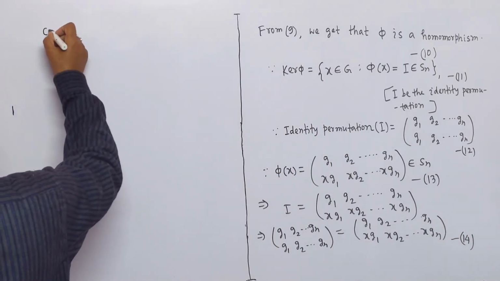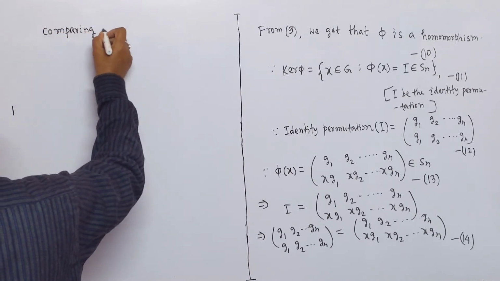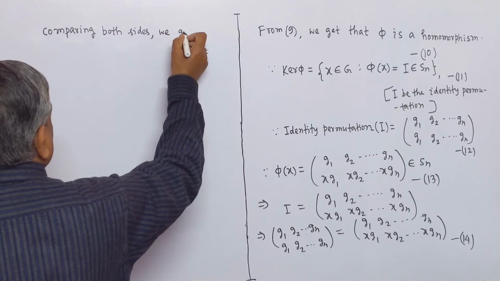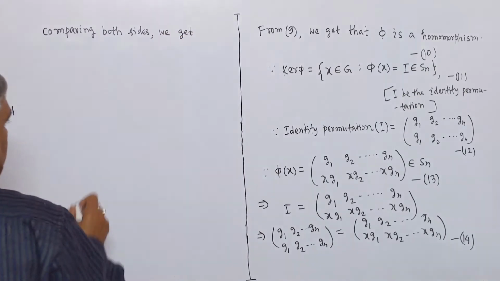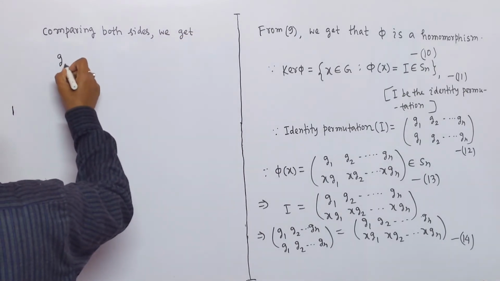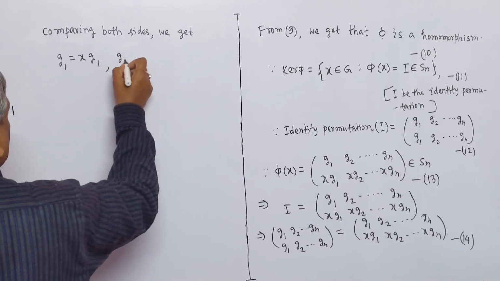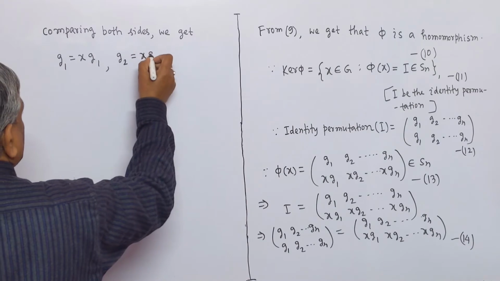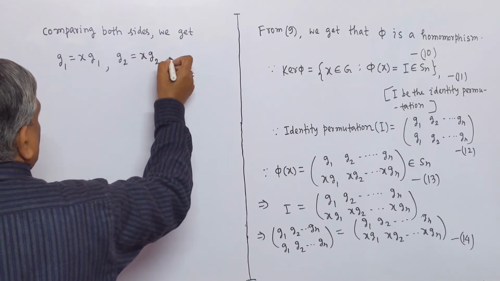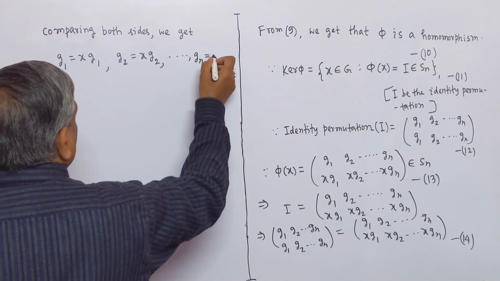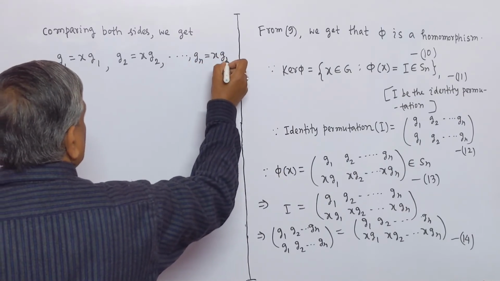Comparing both sides, we get g1 equal to xg1, g2 equal to xg2, ... gn equal to xgn.